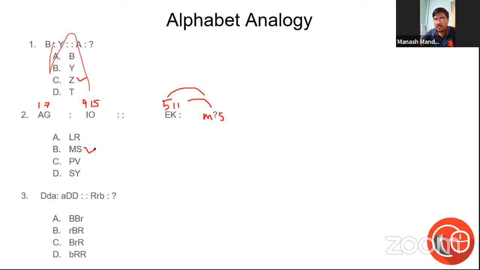The third one is, if capital D, small d, and small a is small a, capital D, then what is capital R, small b? Now, first of all, let us find the relation between these two. The capital D has become small a.